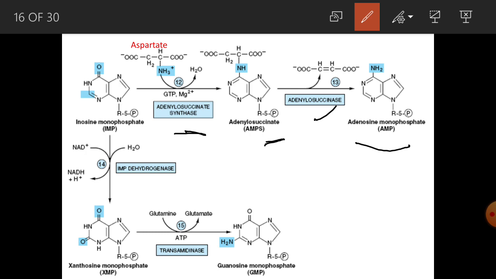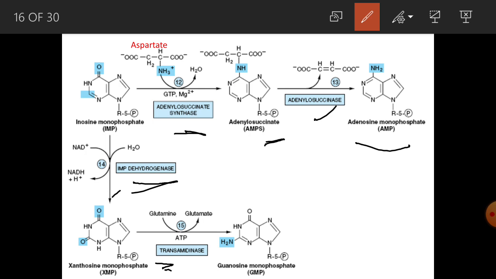Similarly, the other pathway we will see from IMP. In presence of IMP dehydrogenase, here NAD plus will produce NADH plus H plus, that is 2 hydrogen atoms are removed in presence of water and we get xanthosine monophosphate.